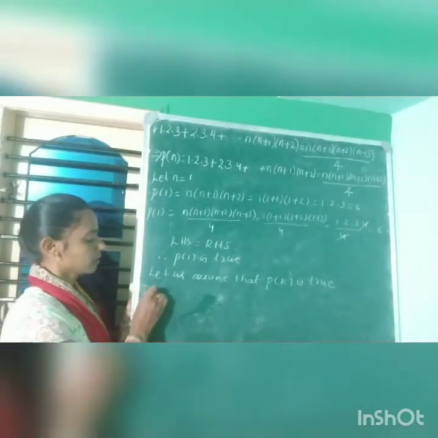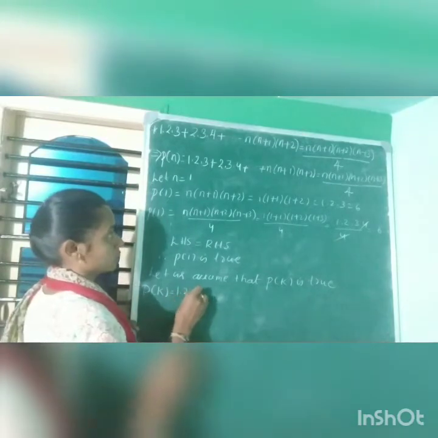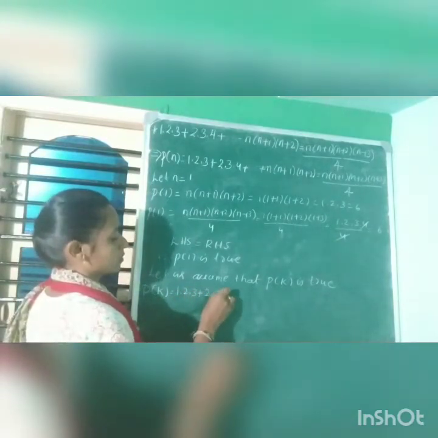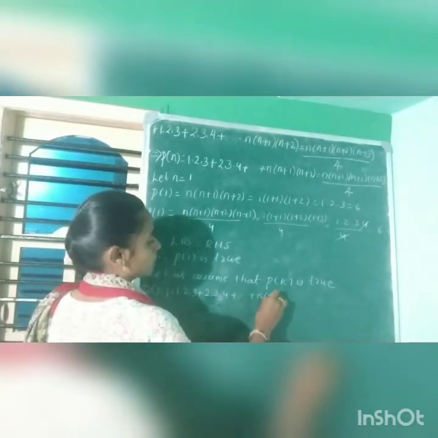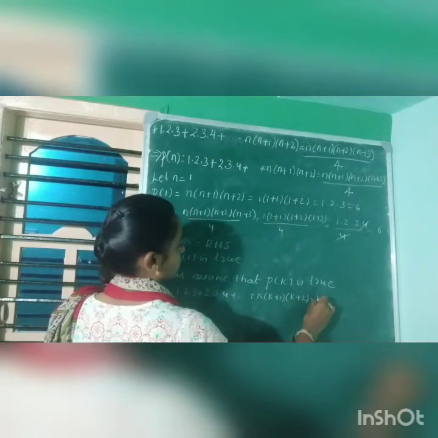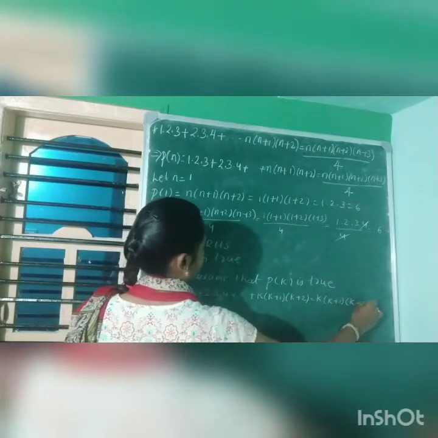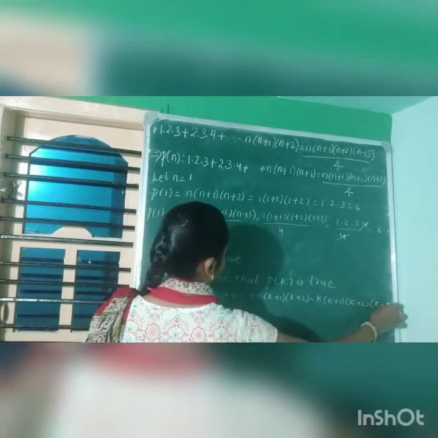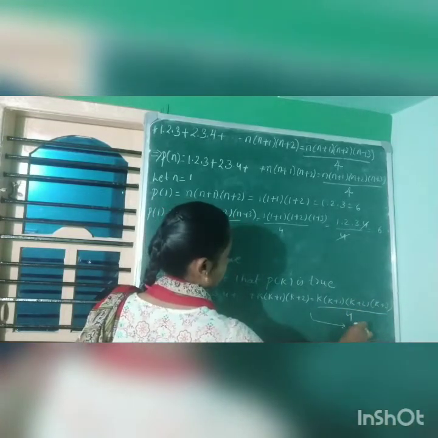That is, P of k is 1 into 2 into 3 plus 2 into 3 into 4, and so on, up to k into k plus 1, k plus 2, is equal to k into k plus 1, k plus 2, k plus 3, all divided by 4. Call this equation 1.